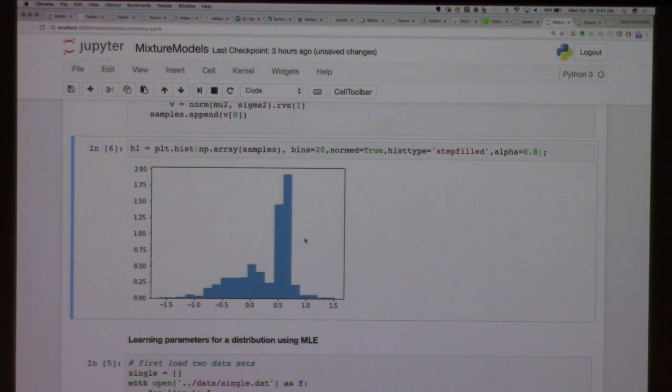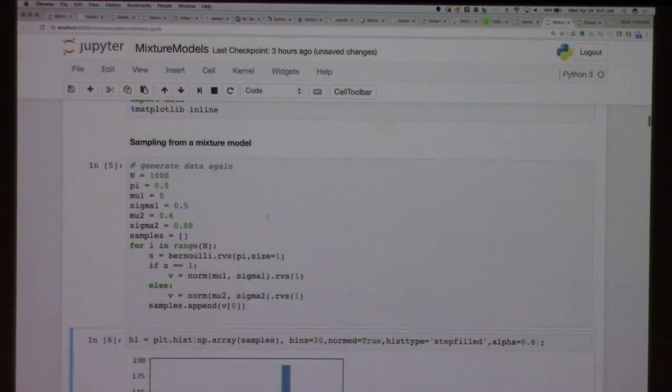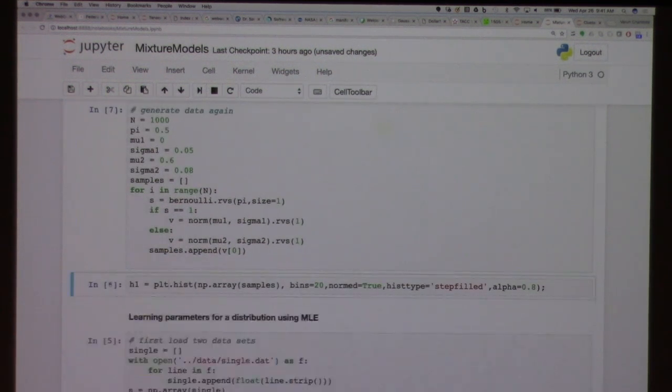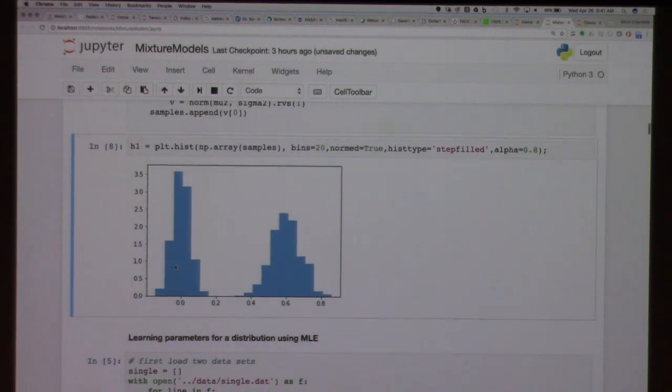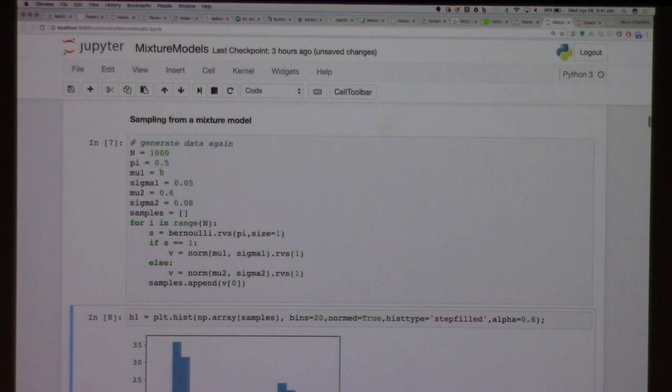But this is not what we are interested in. What we are interested in is the reverse problem. If I give you the data that generated this histogram, how can I figure out what pi, mu1, sigma 1, mu2, and sigma 2 are? That is the learning part. We are going to see one algorithm to do that.